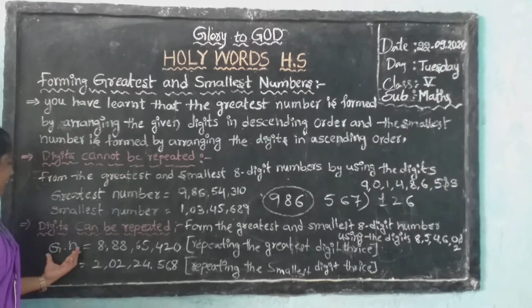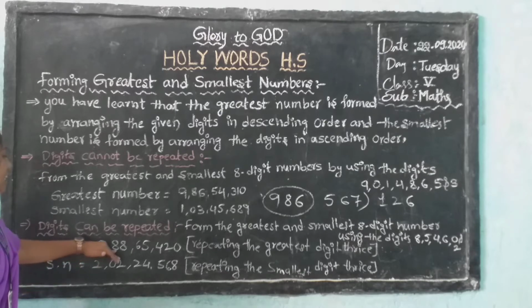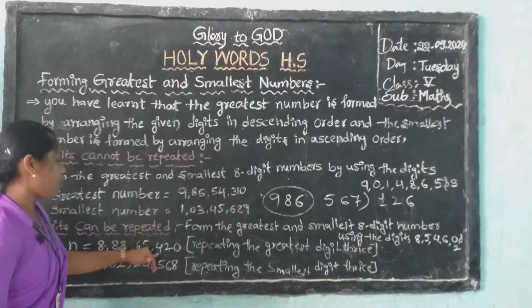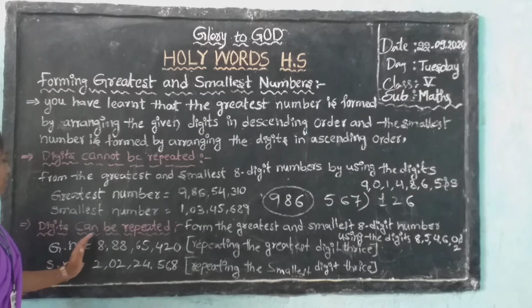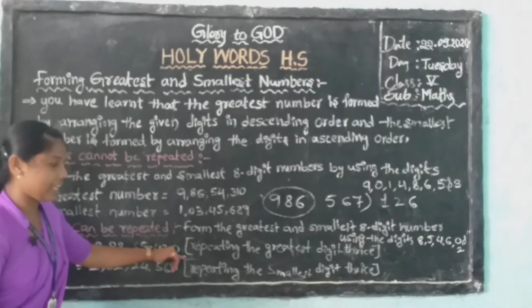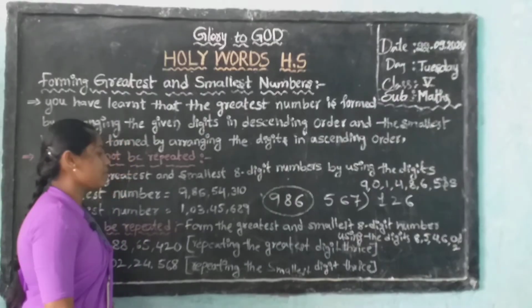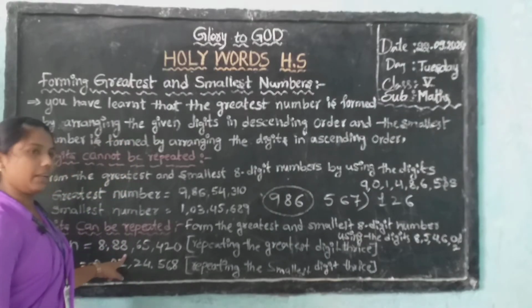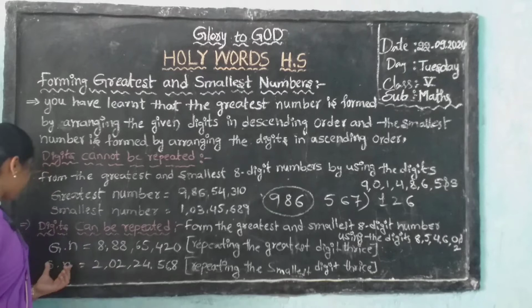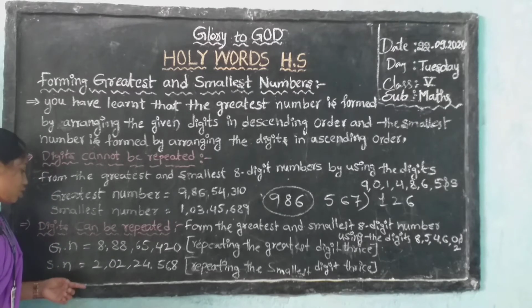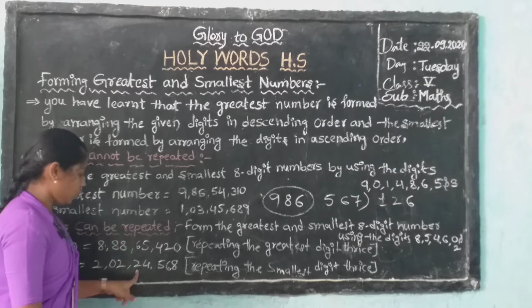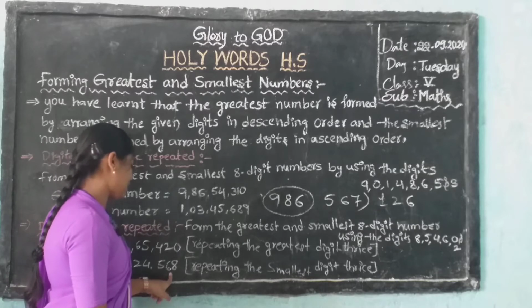So here the greatest number is 8, 8, 8, 6, 5, 4, 2, 0. The greatest number starts from greatest to smallest, repeating the greatest digit thrice. And the smallest number is 2, 0, 2, 2, 4, 5, 6, 8, repeating the smallest digit thrice.